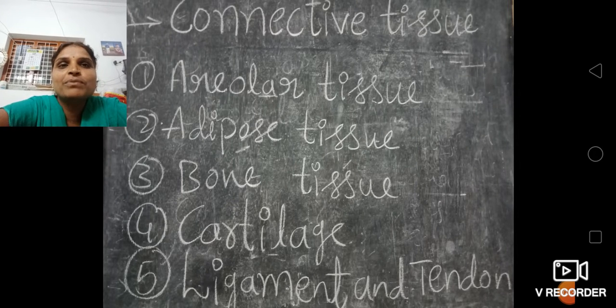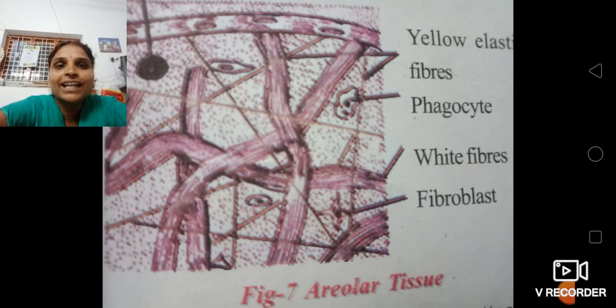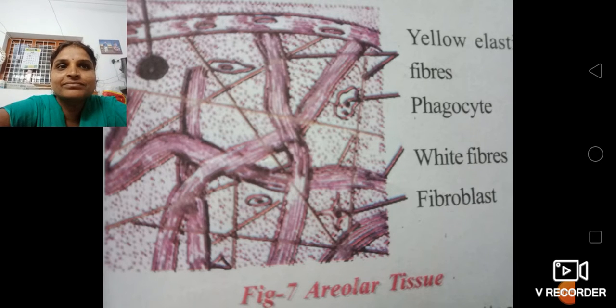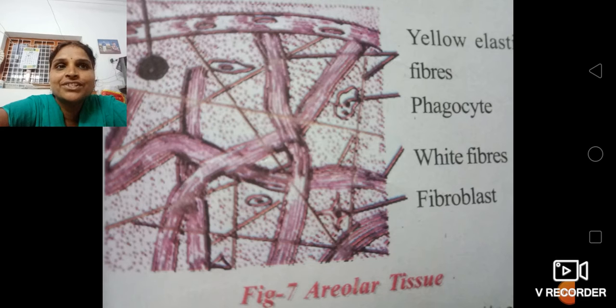See in this picture, below is the name fibroblast. The fibroblast cells perform the main function of packing and keeping the other organs in place.